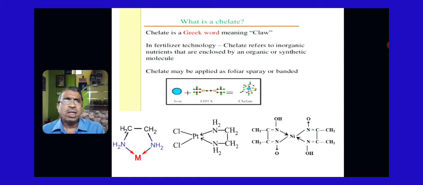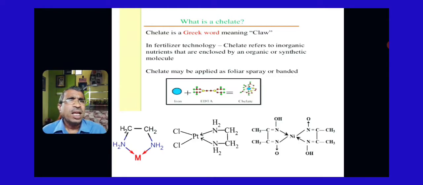Now in the slide I have shown various chelating agents and also the chelates. The first one is ethylene diamine. It forms a complex with platinum, and we have one chelate, a 5-membered ring, and the other two Cl donate a lone pair of electrons.